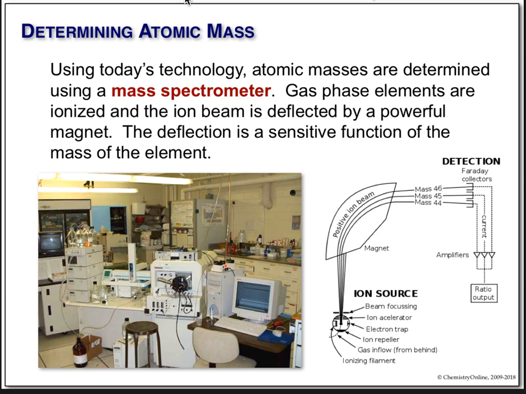The magnet, because it's charged, will bend the path of the particle. The heavier it is, the less it's bent. Lighter particles are bent a lot, heavy particles not so much. You record these at various points, put them into a plotting thingy, and you can measure very accurately the mass of every one of these particles.